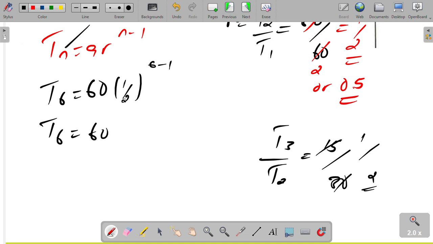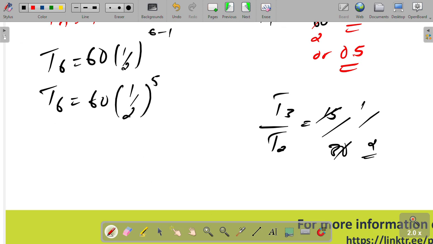So T6, 6 minus 1, that is 5. So we are saying 1 over 2 should come 5 times.